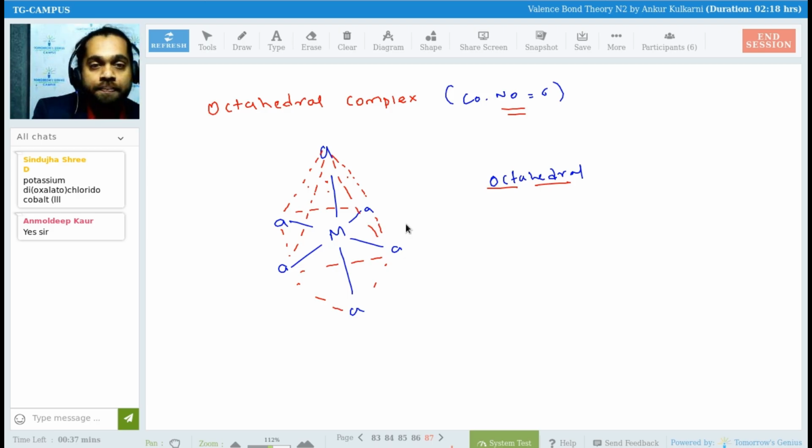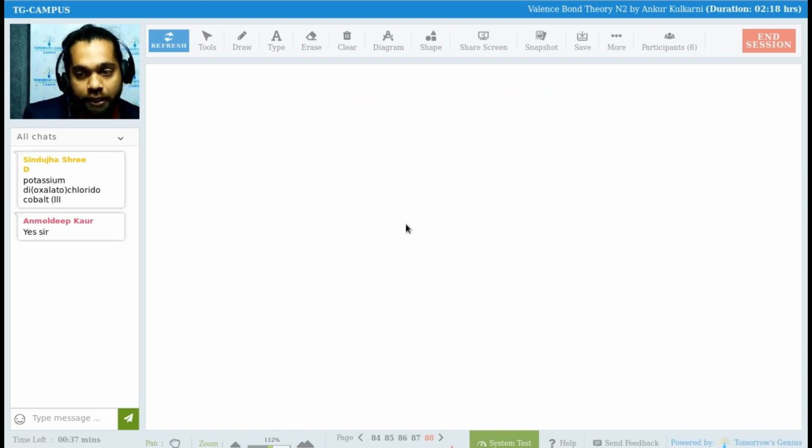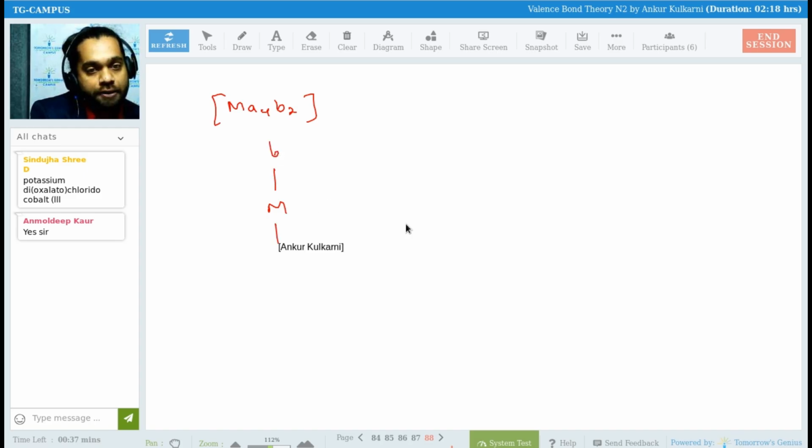Okay, now over here, you have 3 types of complexes. I'll tell you all 3. That is the Ma4B2 type of complex. In that, obviously, I will do cis and trans depending upon B. If B and B are opposite, I am going to get trans.